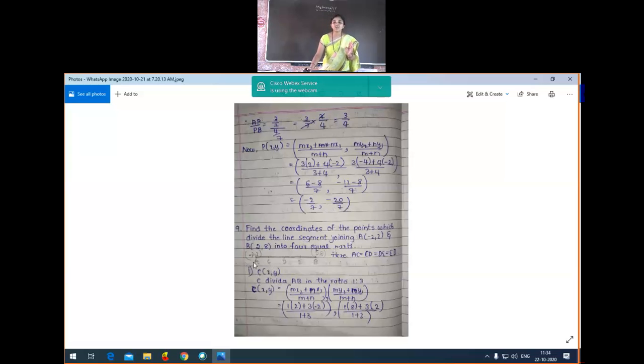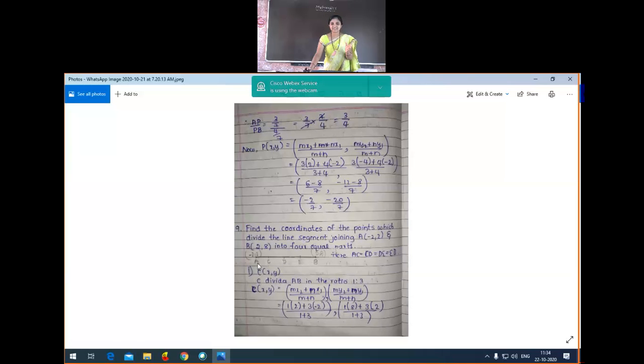See here, A coordinates are given, that is minus 2 comma 2, and B coordinates are also given, that is 2 comma 8. So now observe this AB line segment. This AB line segment is divided into 4 equal parts.